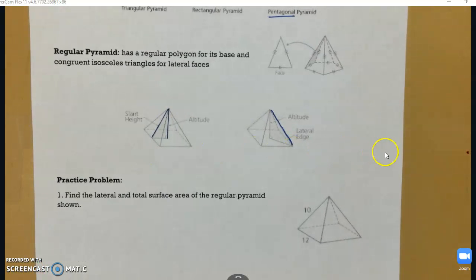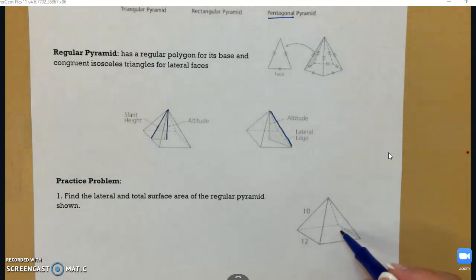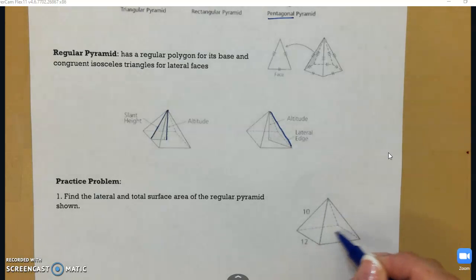The first one is asking us to find the lateral and total surface area of this regular pyramid shown. Because it's regular, that means that all 4 of our lateral faces are going to be congruent. So first, to find the lateral surface area, that's going to be for these 4 lateral faces, and they're all triangles. And remember, the area of a triangle is 1/2 base times height.